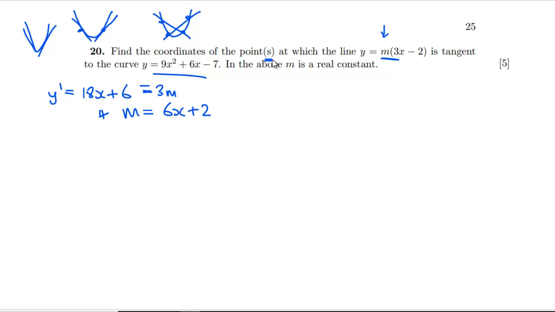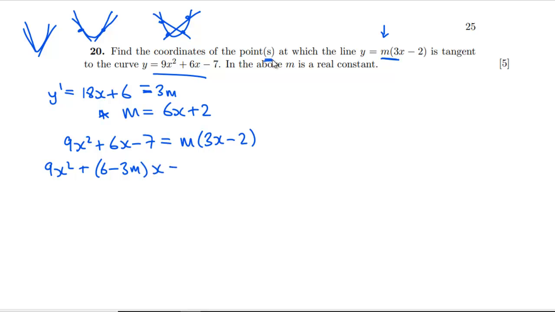So we know we've got that. That is one important equation that we've got. But then we know that they're intersecting. So we can set these things equal to each other. Say that 9x squared plus 6x minus 7 has got to be equal to m times 3x minus 2. So 9x squared, plus 6 minus 3m, lots of x, minus a 7 plus a 2m is going to be equal to 0.